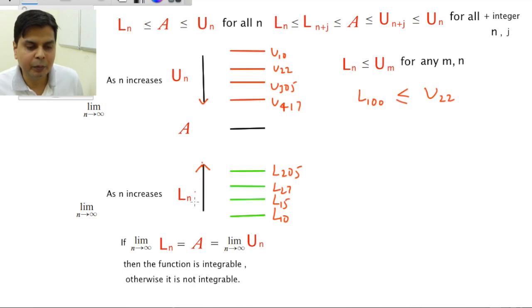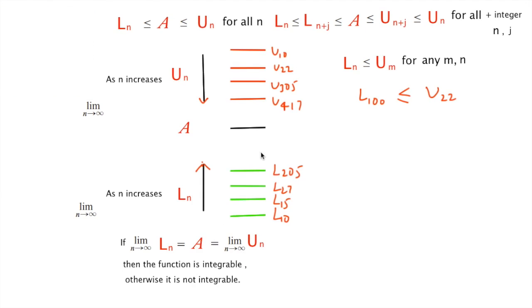Similarly, no matter how big this L becomes, it cannot reach this U. Even if this U has fallen a lot, it will still be above this L. So ultimately L will tend to a, U will tend to a, and this is the definition of an integrable function.